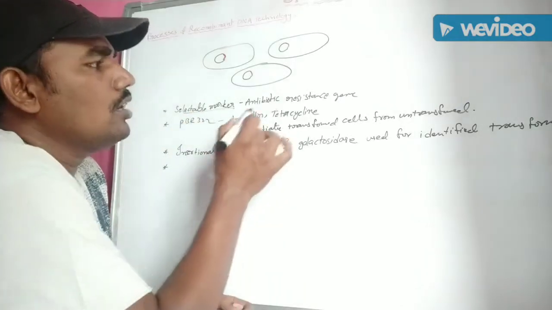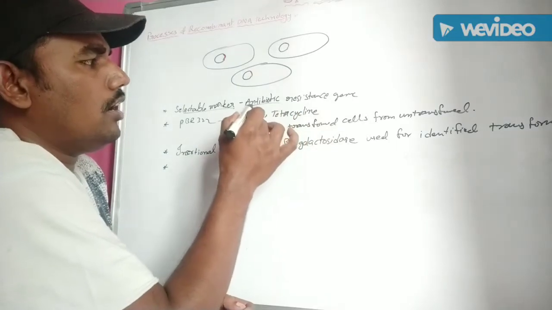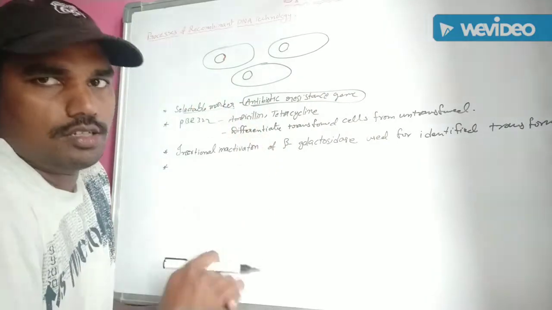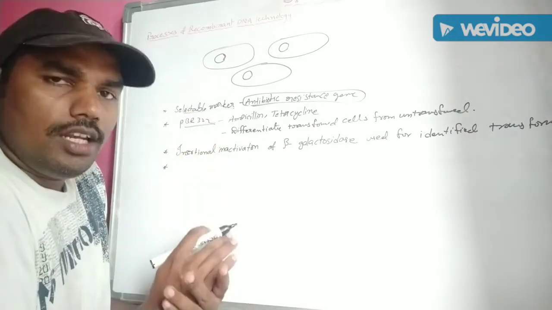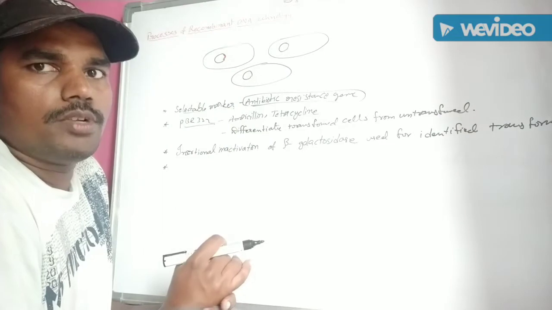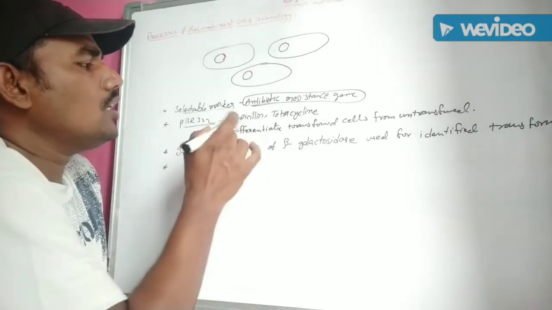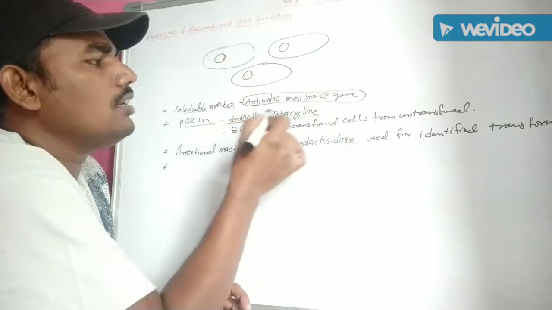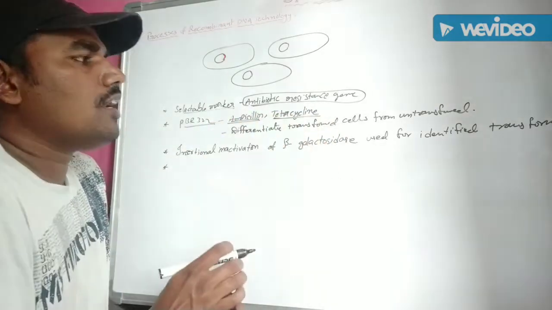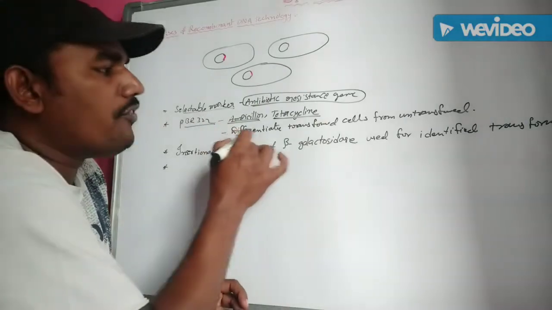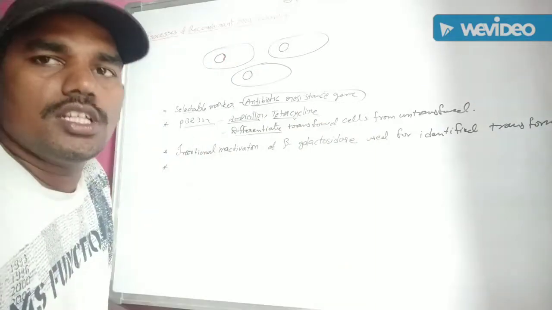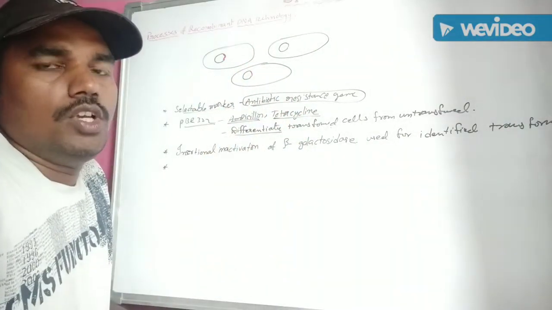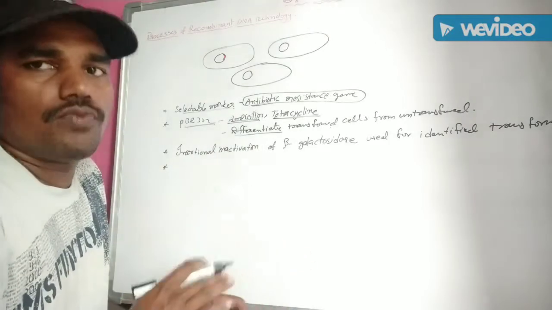It consists of two specific genes, antibiotic resistance genes, which act as selectable markers. pBR322 is widely used as a recombinant DNA plasmid vector. It consists of ampicillin and tetracycline selectable markers. Both ampicillin and tetracycline are utilized to differentiate transformed cells from untransformed cells. Because of these antibiotic resistance genes, transformed cells are separated from the untransformed cells.